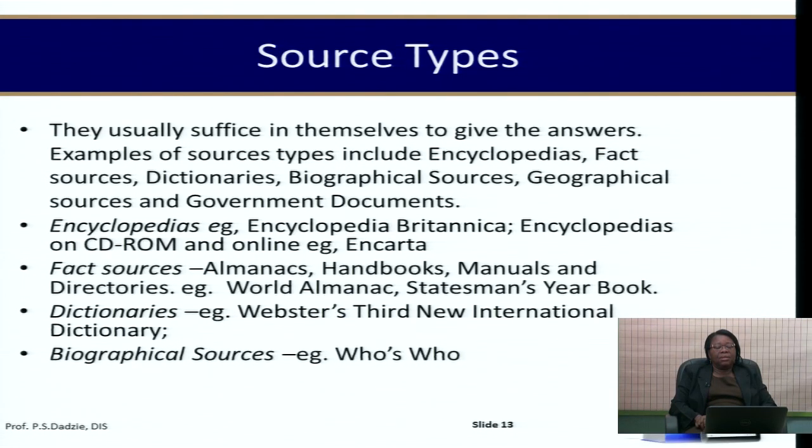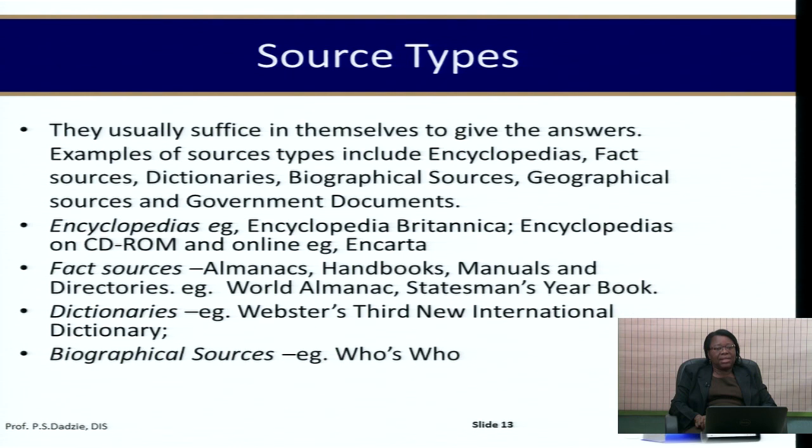The first one we call encyclopedias, which you are all very familiar with. The second type we call fact sources. Now, fact sources, examples include almanacs, handbooks, manuals, and directories.